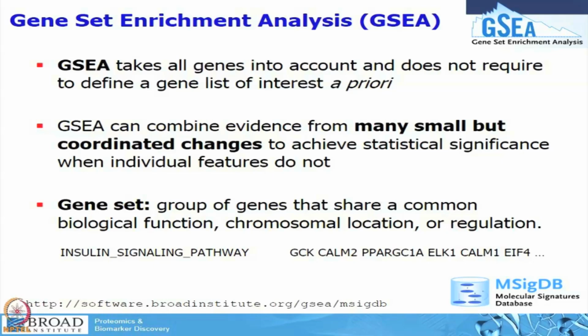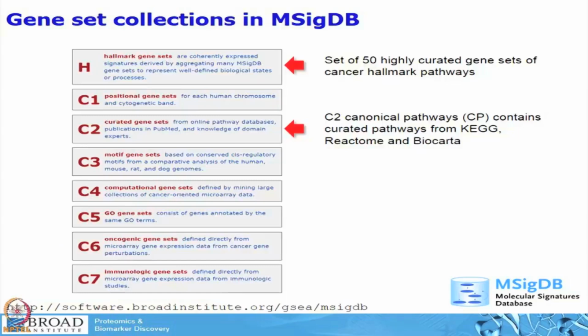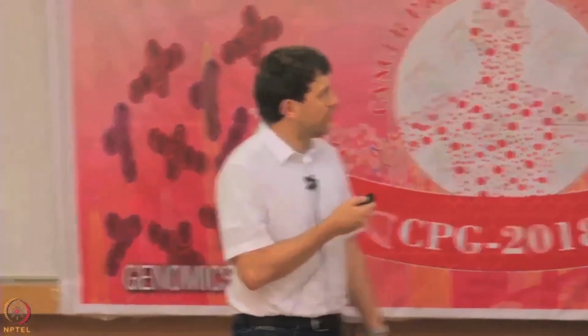There's a large collection of those in the Molecular Signatures Database, or MSigDB. If you go to this website, you'll find this kind of overview. These are different categories of gene sets which you can find in MSigDB. Here I highlighted the most commonly used ones. One is the so-called Hallmark gene set, which is a very small database.